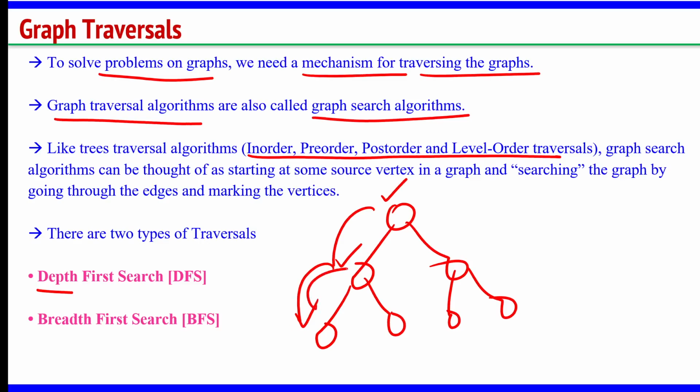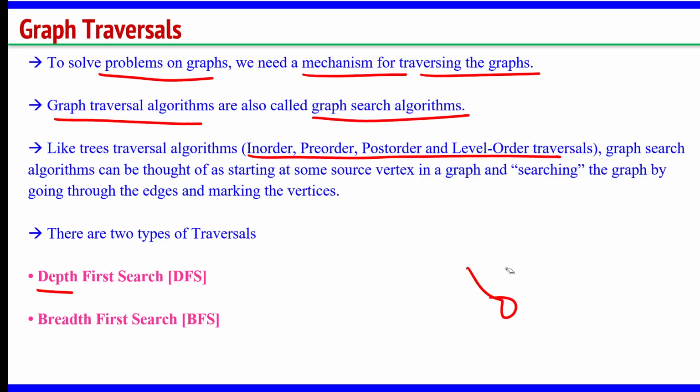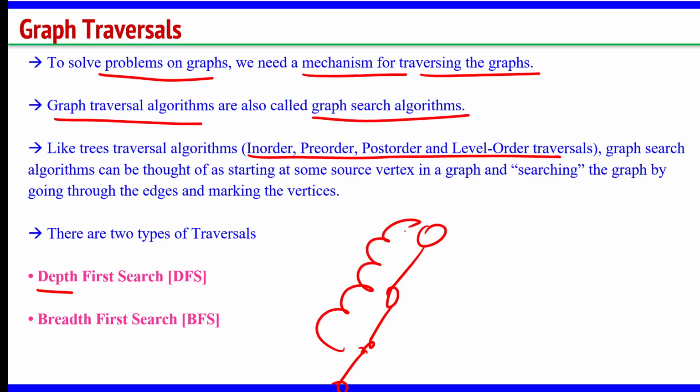After that, you come back to the top and visit this node, again come back to the top and visit this side. Again go left, again come back, again go right. So, depth first means go to the depth-most element first, go to the extreme depth and then come back always.